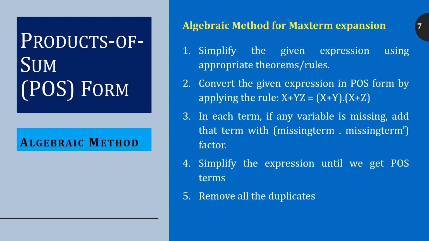If any term has a missing variable, we add the missing variable times its complement, a·a', which is equal to 0. So we are adding 0 to that term. Then simplify the expression, and remove any duplicates. That's the method for converting the given expression into canonical POS form.